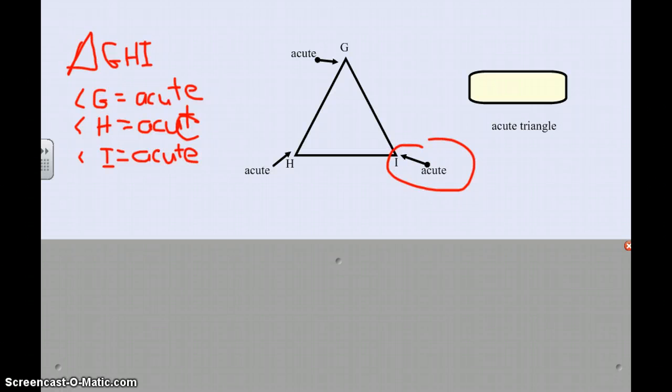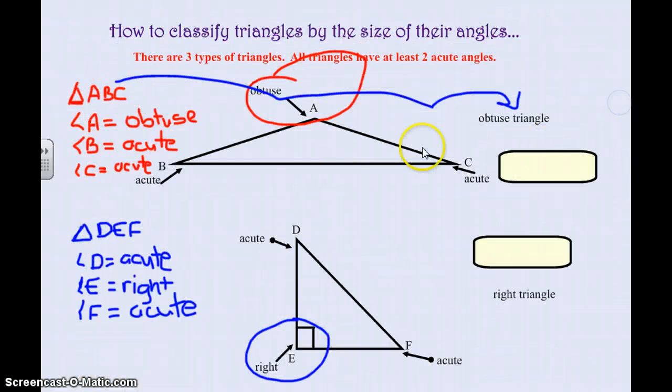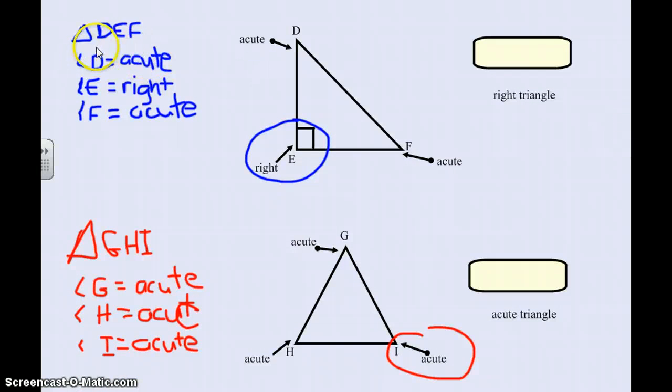All right, so let's take a look and do a little bit of a review here. If we look back up here, we started off with triangle ABC, and it had 2 acute angles and an obtuse angle. So we classified this as an obtuse triangle. Okay, the second example was triangle DEF. Notice that we used capital letters here.